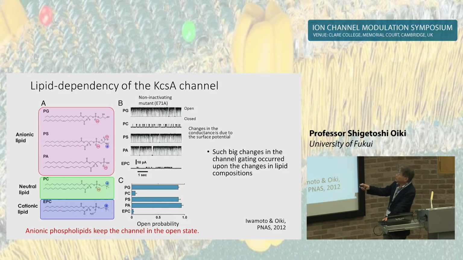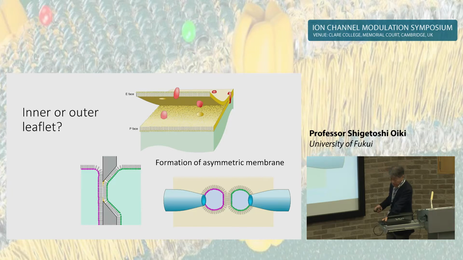You see the different conductance. This is simply because of the surface potential. But we focus on the gating property of this lipid effect. And the next question is, which part, the inner or outer leaflet, is important for such different lipid compositions?